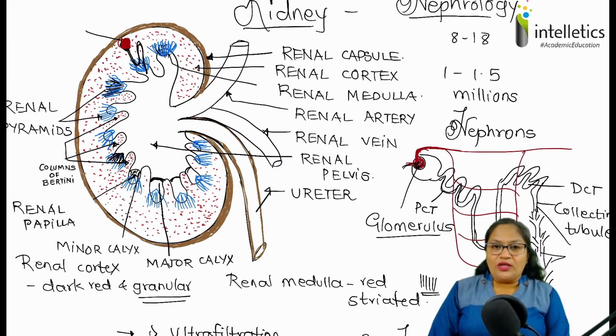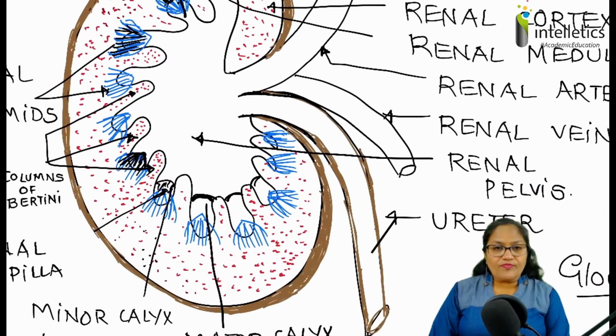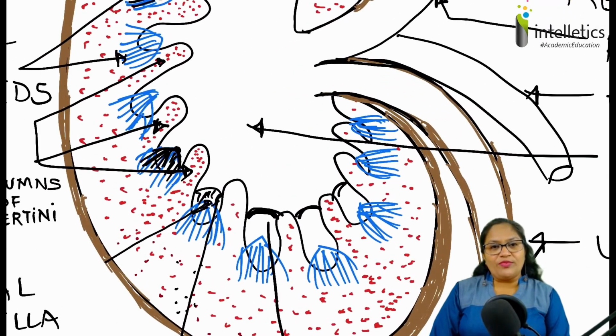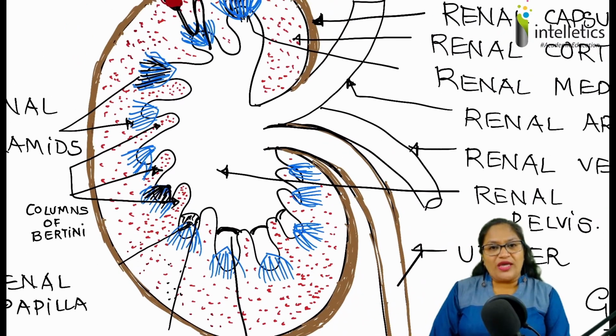Then coming to the inner part, inner to the renal cortex is the renal medulla, which consists of many pyramidal structures, right? I'm zooming it out, you can see this. These pyramids are called the renal pyramids, the number of which is 8 to 18.